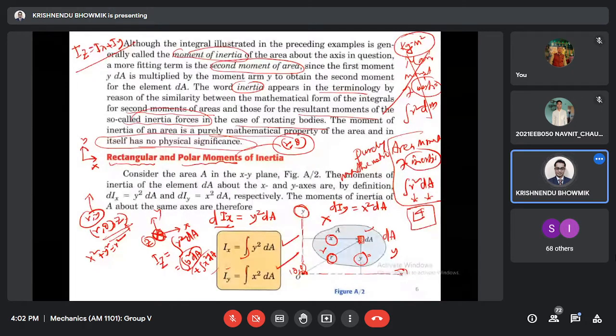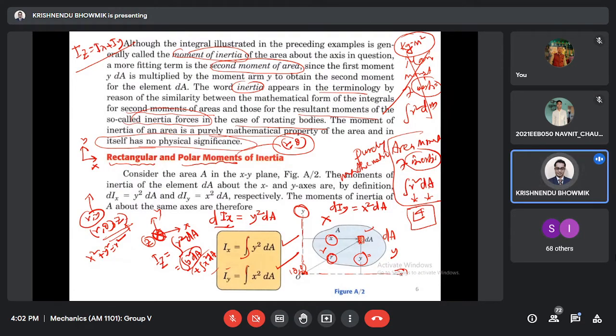Now by different definition, when I want to calculate the area moment of inertia with respect to the x axis, I'll write y square dA. For the elemental case, dIx equals y square dA, Ix equals the integration of y square dA. Similarly, when I want to calculate the rectangular moment of inertia with respect to the y axis, Iy equals the integration of x square dA. To calculate the moment of inertia with respect to the z axis, Iz, that is r square dA.